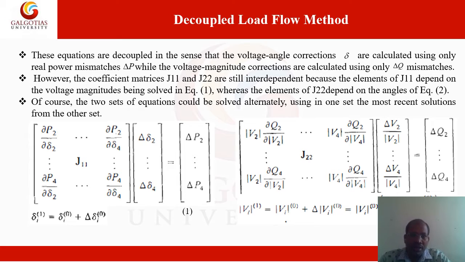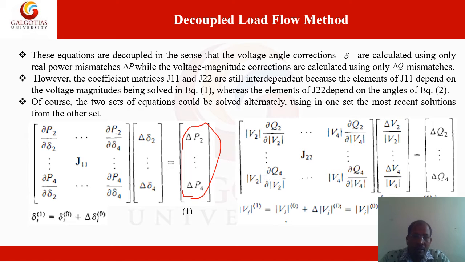So we can solve these equations based on the requirements. This is the first equation. Here we first calculate the mismatch power. Using this mismatch power, the same process applies as discussed in the Newton-Raphson method.